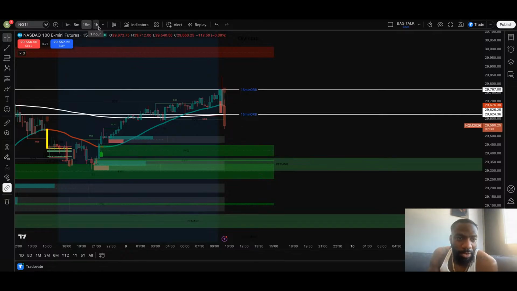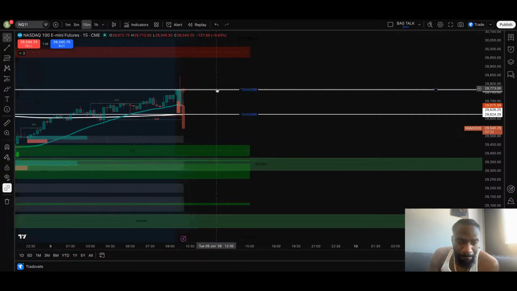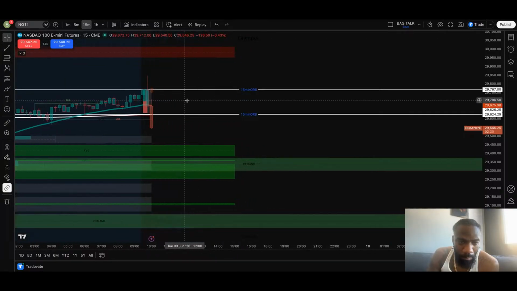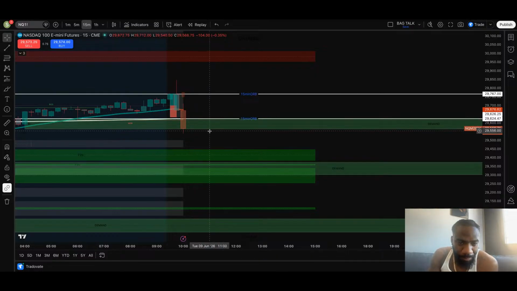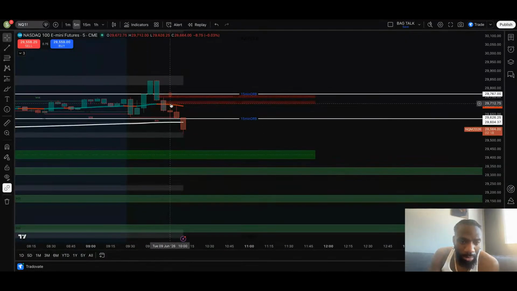And we can see if we can find some entries. This order block isn't super strong for the seller side. Usually it'll be a lot higher. But we'll see.